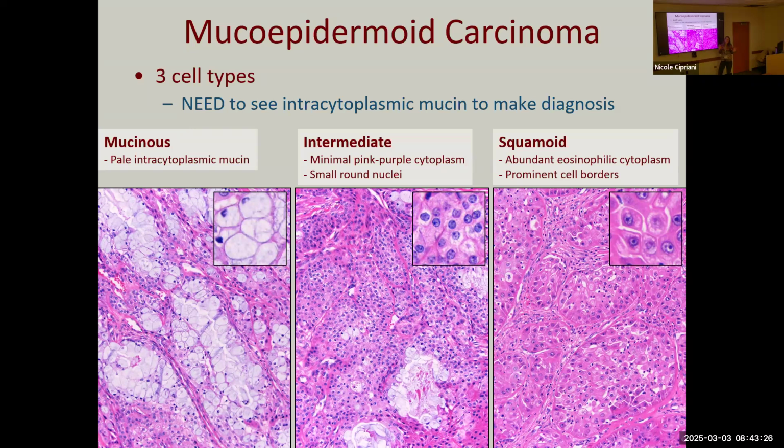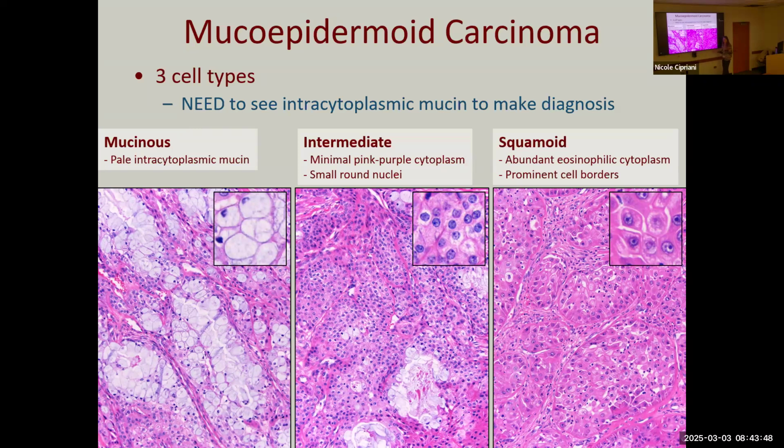They're just floating in the background, but when you see them, they're very characteristic of intermediate cells. They aren't squamoid. They don't have intercellular bridges or dense cytoplasm, but if you see a squamoid component, that's fine for mucoepidermoid. You have to see, even focally, mucocytes.